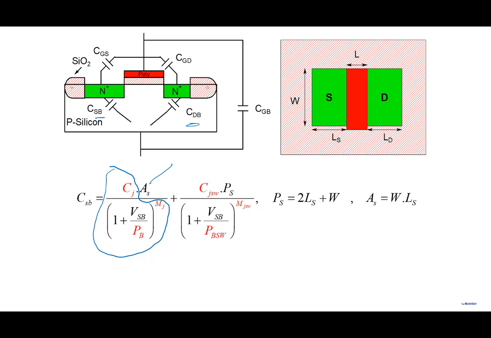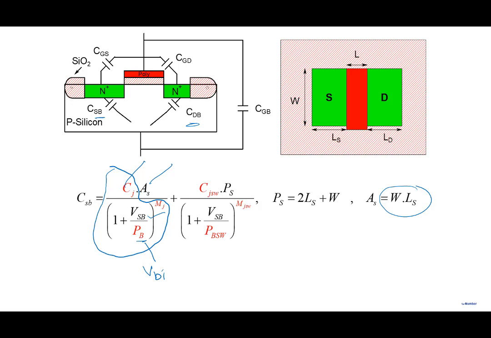Area of the source would be, as you can see here, W times Ls. W here and L here. Total area of the source. And if you're wondering, this is the source to body voltage, and this is the built-in voltage PB, maybe different terminology is used. This is the built-in voltage of the junction. This is the zero bias capacitance, the equilibrium capacitance when you don't apply any source to body voltage.